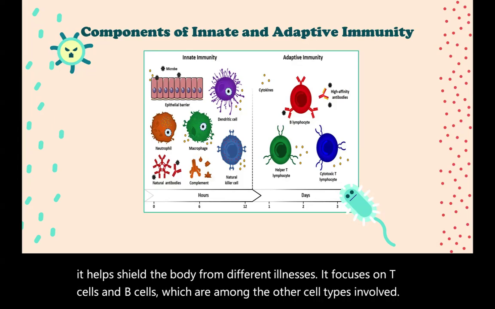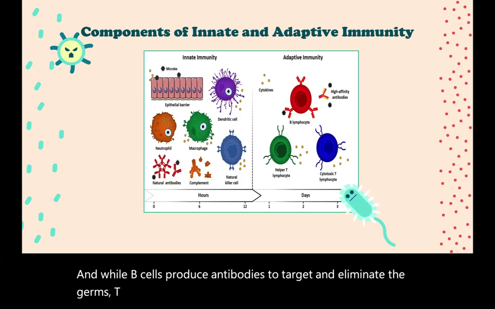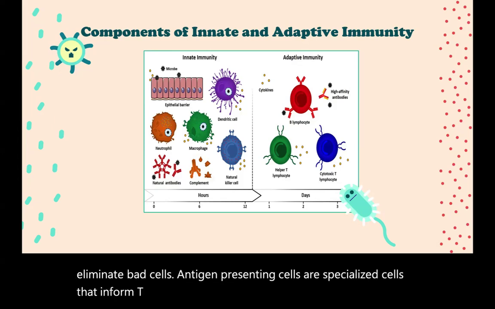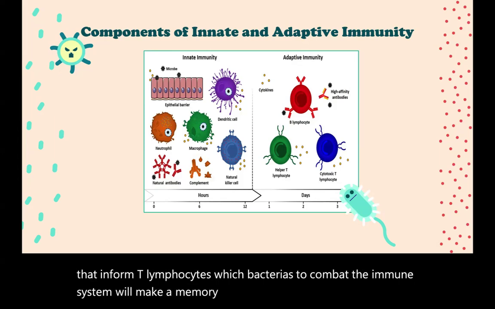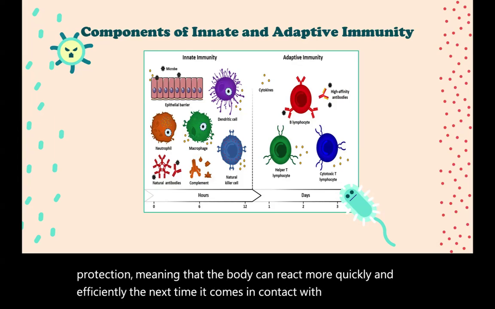While B cells produce antibodies to target and eliminate the germs, T cells aid in controlling the immune response and eliminate bad cells. Antigen presenting cells are specialized cells that inform T lymphocytes which bacteria to combat. The immune system will make a memory of these pathogens for long-term protection, meaning that the body can react more quickly and efficiently the next time it comes in contact with them.